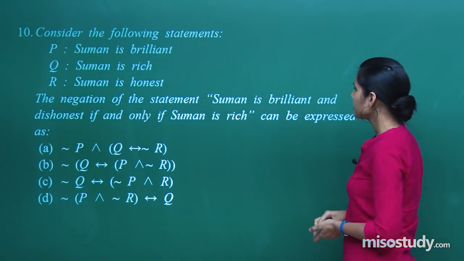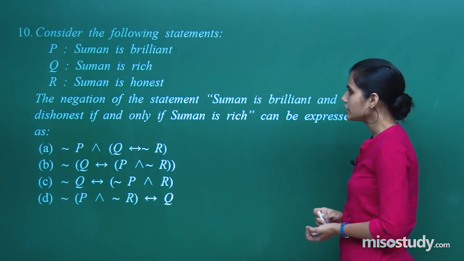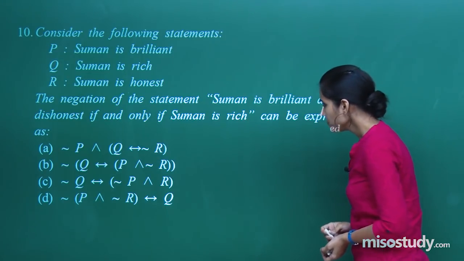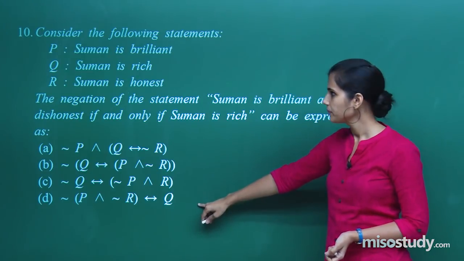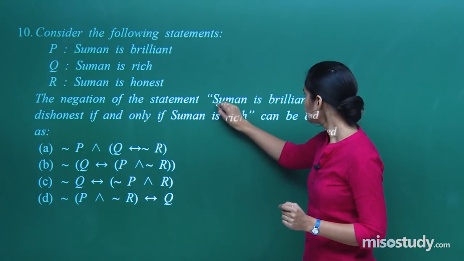And the next question we have: consider the following statements: Suman is brilliant, Suman is rich, Suman is honest. The negation of the statement Suman is brilliant and dishonest if and only if Suman is rich can be interpreted as what? Okay, slowly and steadily.